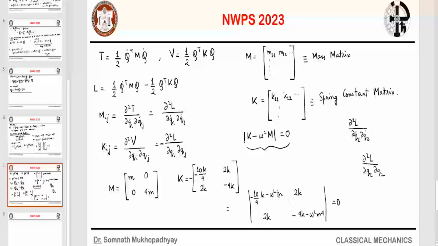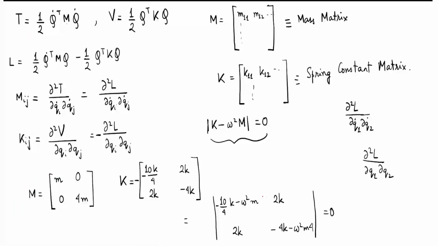I can't edit. I don't know why. This should be minus 2k. This should be minus 2k. This will be plus 4k minus 4 omega square m. And this should be plus 10 by 4k minus omega square m.